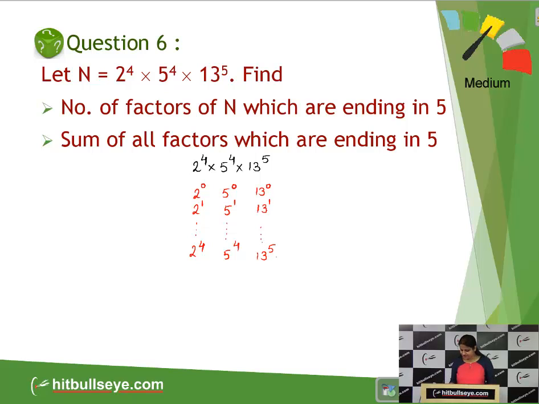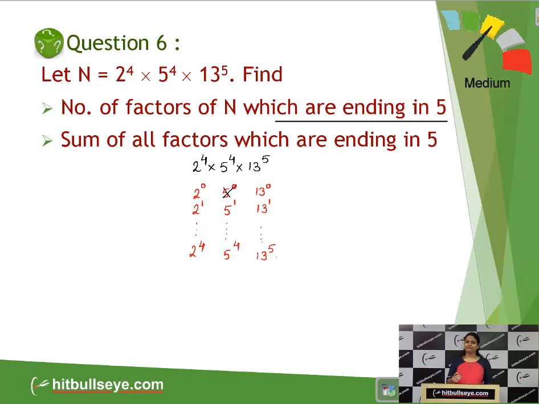Now, what is the question asked? It says we want to find number of factors of n which are ending in 5. If we are talking about a number which is ending in 5, of course it should be a multiple of 5. So 5 raised to power 0 should be dropped, since we need at least one 5. Now, one thing more, if we multiply 5 by any even number, for example, if we multiply 5 and 2, we will get 0 as the unit place.